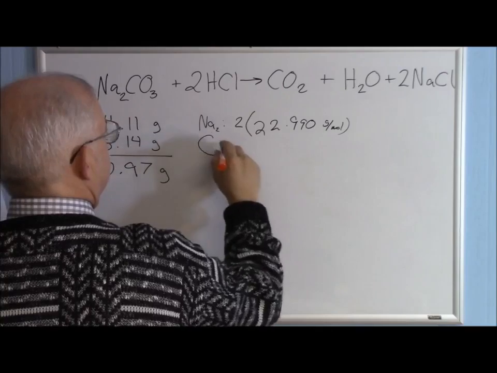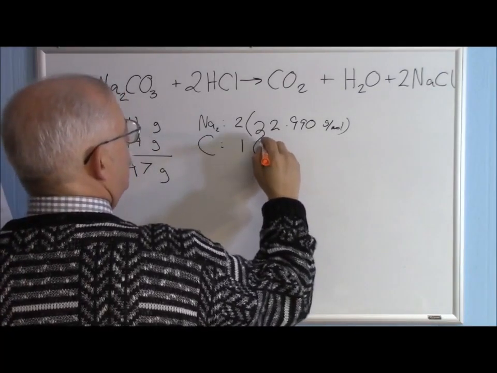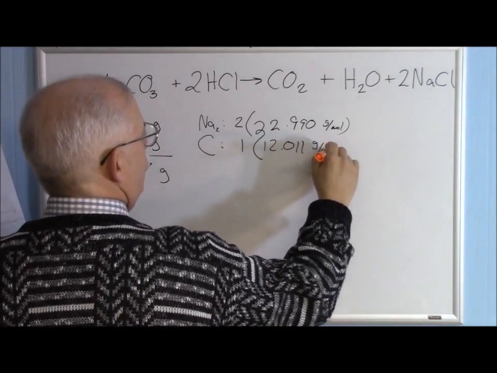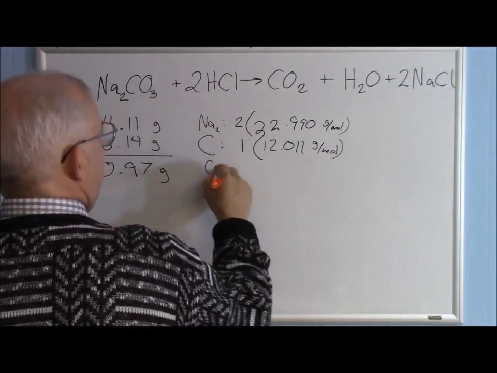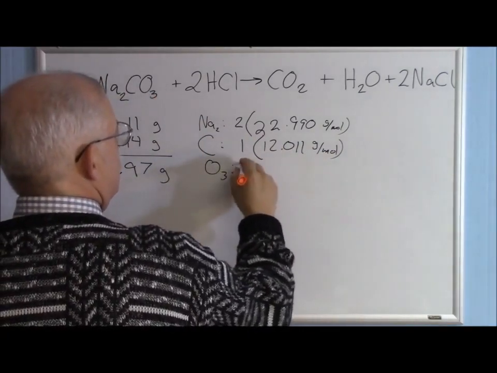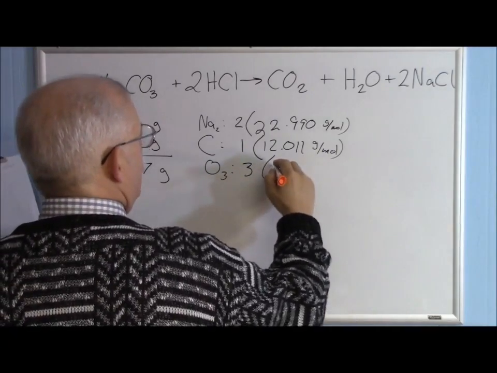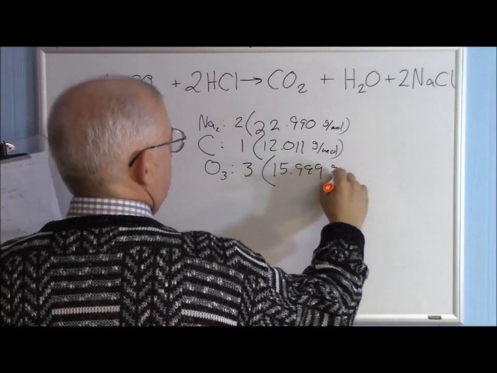For carbon, we'll have 1 times its atomic mass, which is 12.011 grams per mole. And then for oxygen, we have 3 oxygens, so we'll have 3 times the atomic mass of oxygen, which is 15.999 grams per mole.